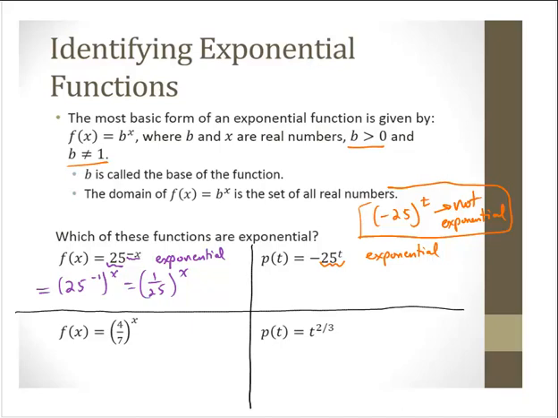Third example, we have f of x is equal to 4/7 to the x. Well, we have a base to a power, 4/7, and 4/7 is greater than 0, so this is exponential. And we have finally p of t is equal to t to the 2/3 power. So here, notice we do not have a variable exponent.